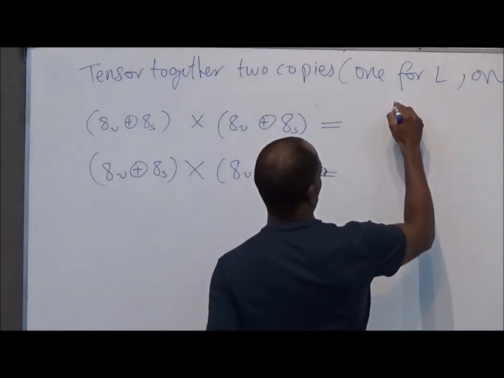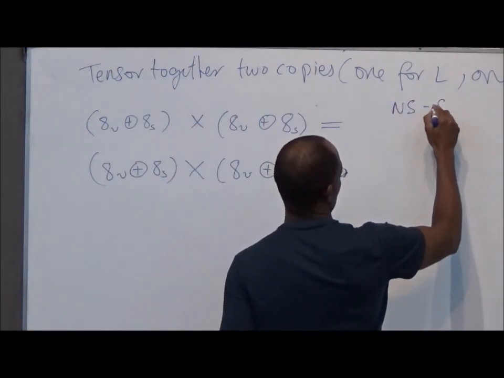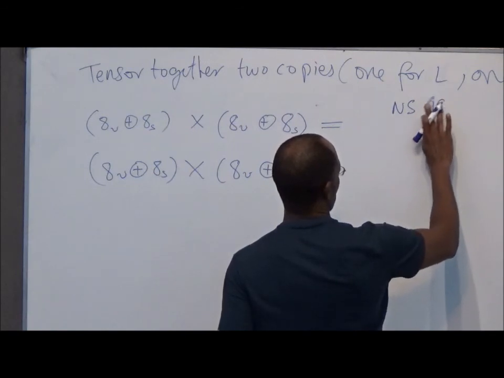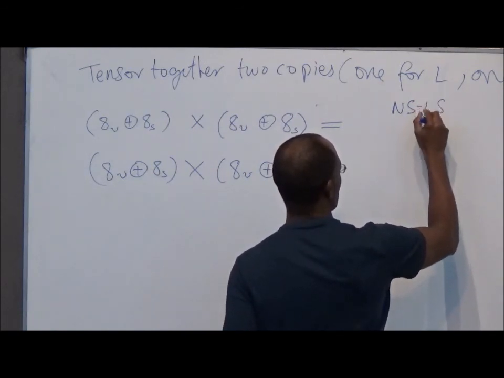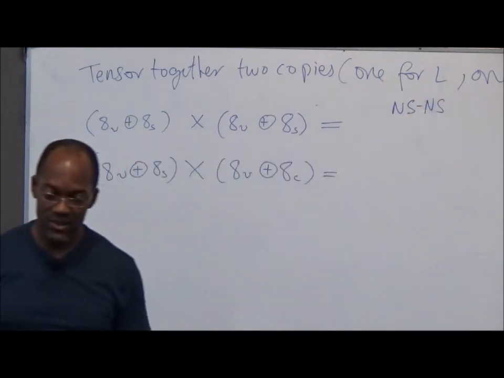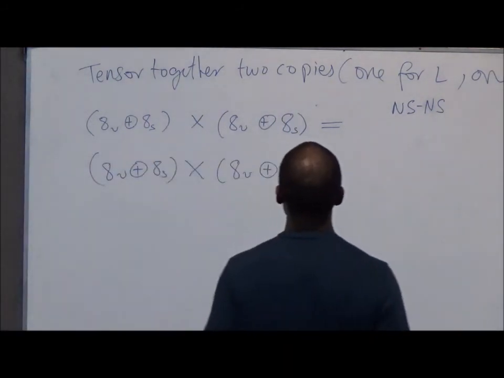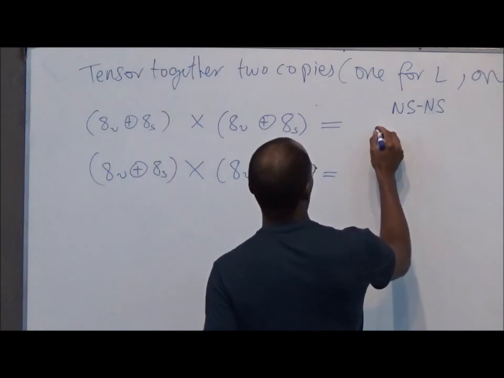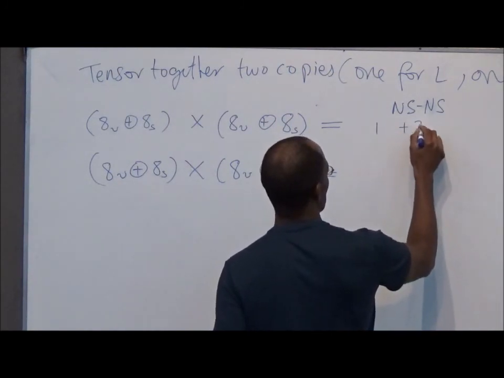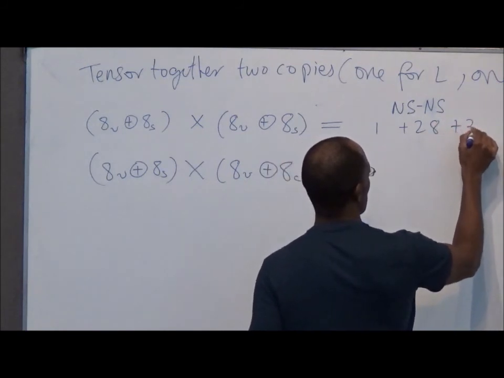And so this is why it's called the Neveu-Schwarz sector, due to a spectacular failure of imagination in naming things. So basically, 8 vector times 8 vector gives me 1 plus 28 plus 35.